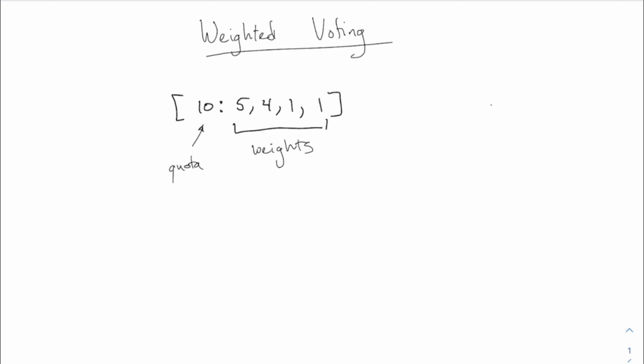All right. So we have the quota and the weights, and this is similar to most of big corporate voting. This is the way they do it. People vote in proportion to their ownership of the company. So someone who owns 30% of the company, maybe their vote counts for 30 or whatever.